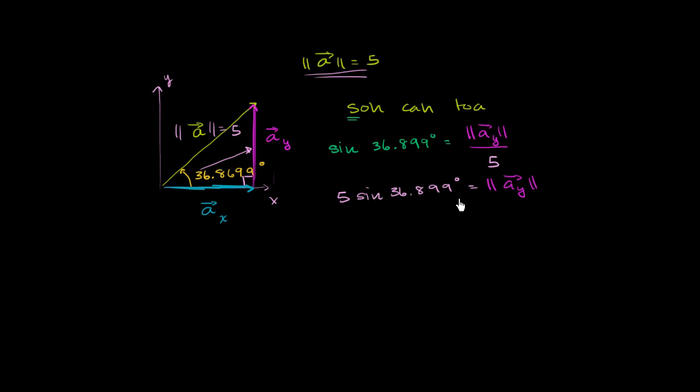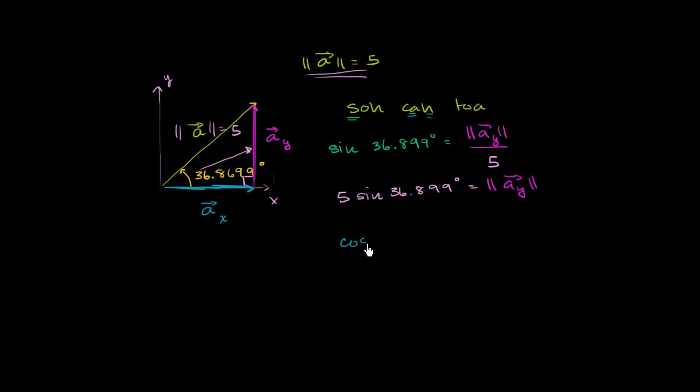Now, before I take out the calculator and figure out what this is, let me do the same thing for the horizontal component. Over here, we know this side is adjacent to the angle, and we know the hypotenuse. And so cosine deals with adjacent and hypotenuse.